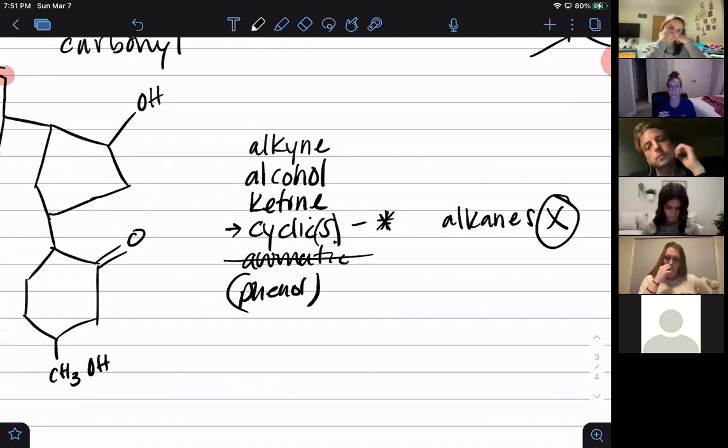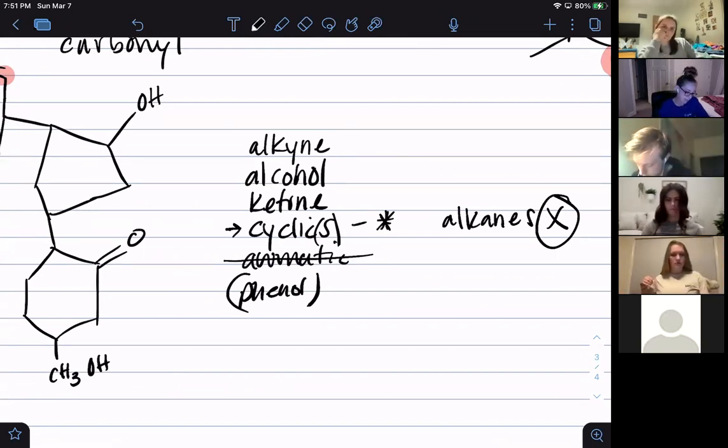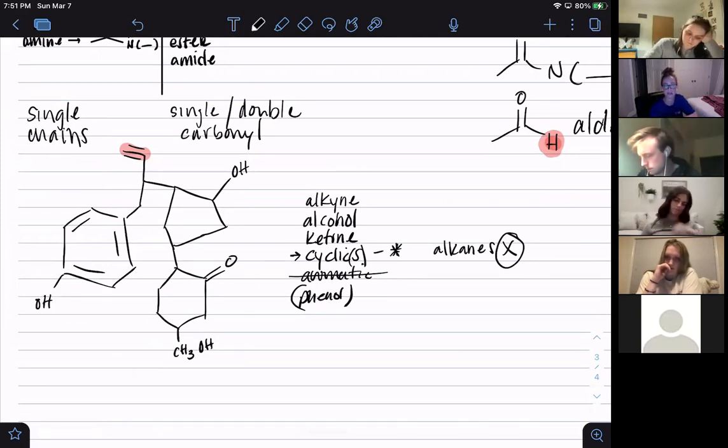Just so that you know the difference, a cyclic is not an aromatic. They're different things. Does that make sense? It does. Okay. But you'll be given something like cortisone, or a hormone, and it's going to be a big molecule like this, and he's going to say to list all the functional groups. We have to be able to do that.